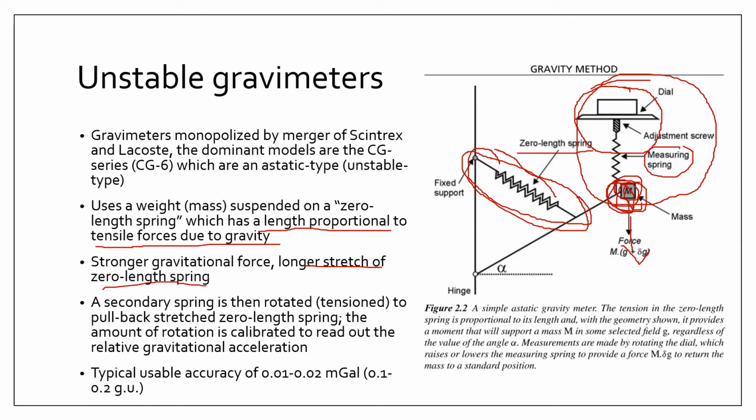Okay, and the number of turns that you do in this dial is calibrated to read out the relative gravitational acceleration. Okay, so it's quite a simple setup. Now, the typical usable accuracy of unstable gravimeters is in the range of 0.01 to 0.02 milligals.